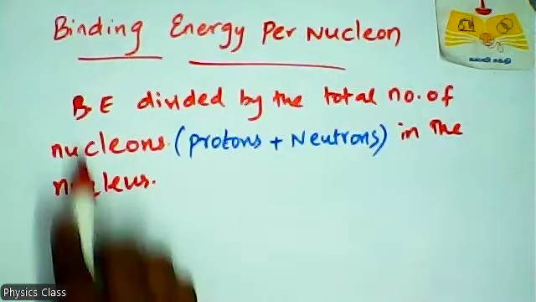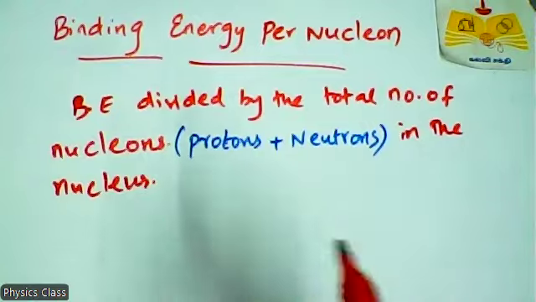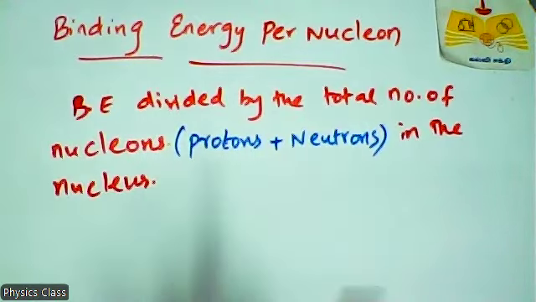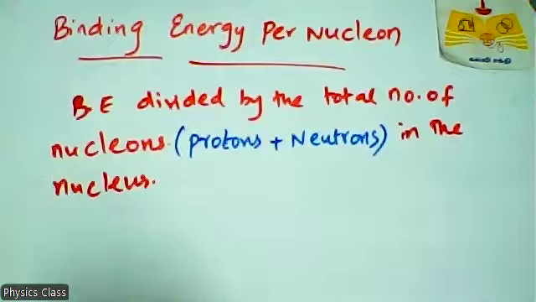It tells us how tightly each nucleon is bound in the nucleus. So binding energy per nucleon tells how tightly each nucleon is bound in the nucleus.